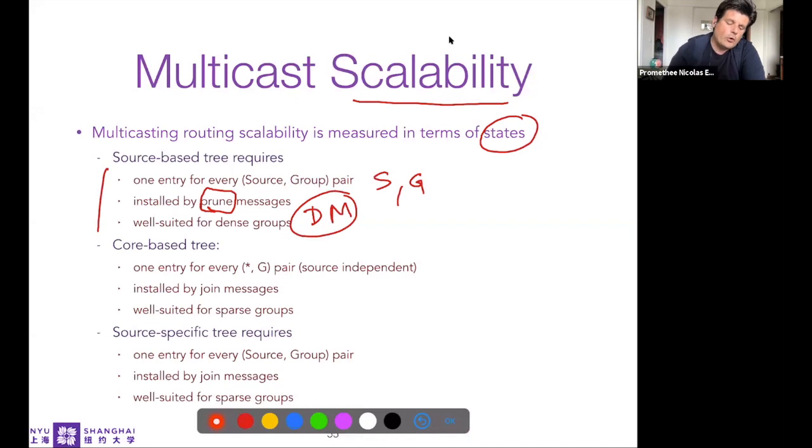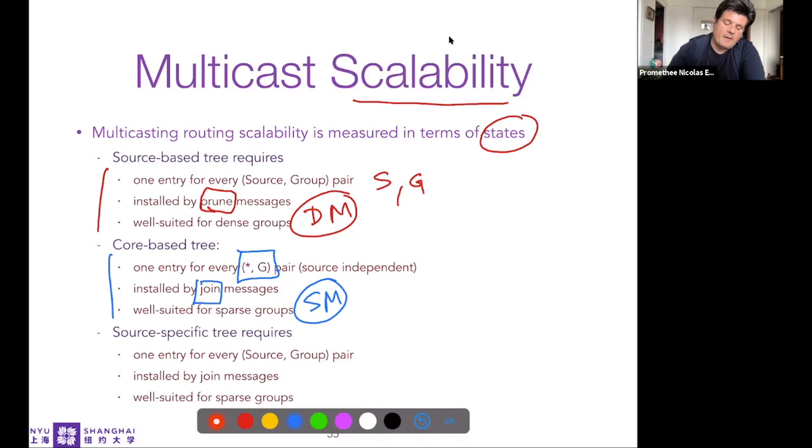Now, if we move to the core-based tree, you see that the state doesn't depend on the source because the tree is rooted at the ERP. They are installed by the join, which means that here the sparse mode is much better. Okay, fewer receivers, fewer states.